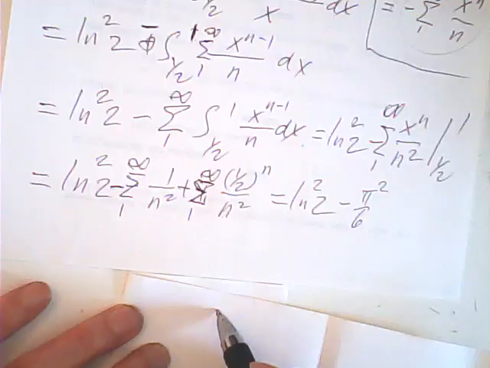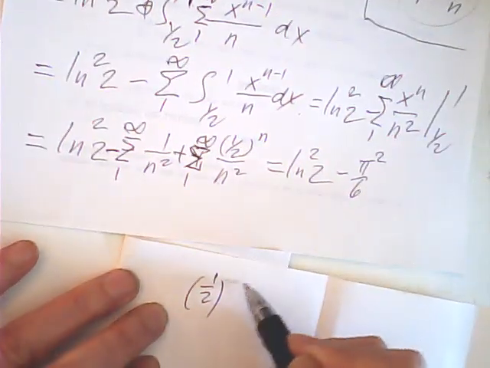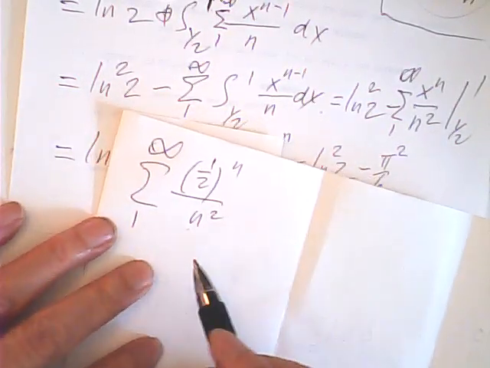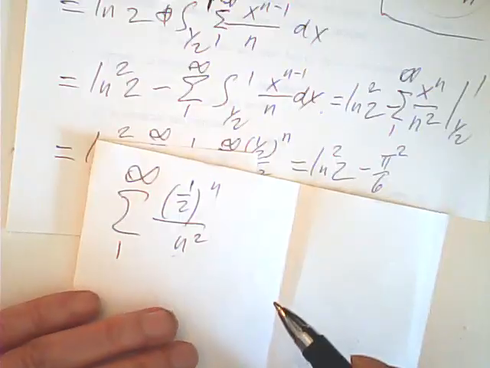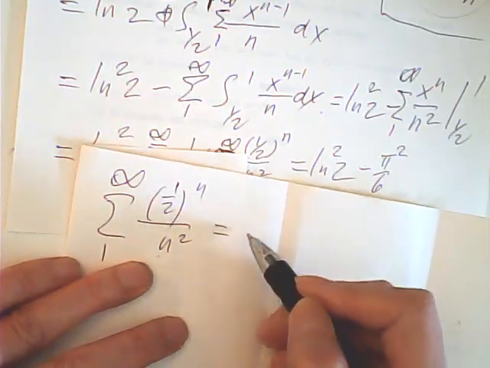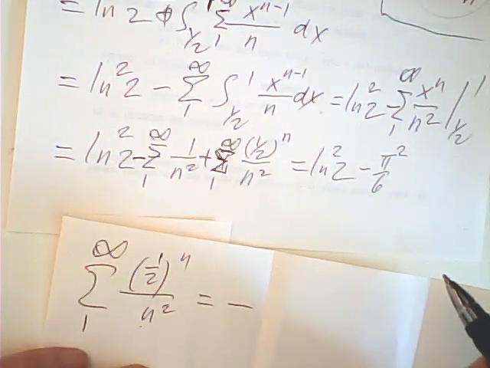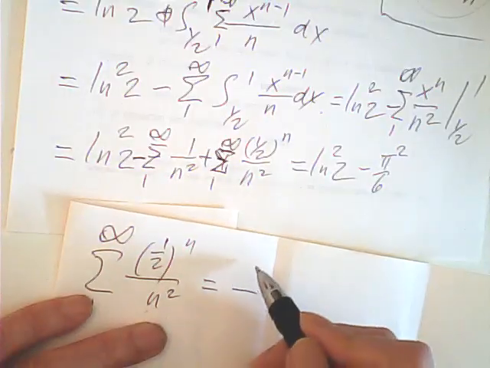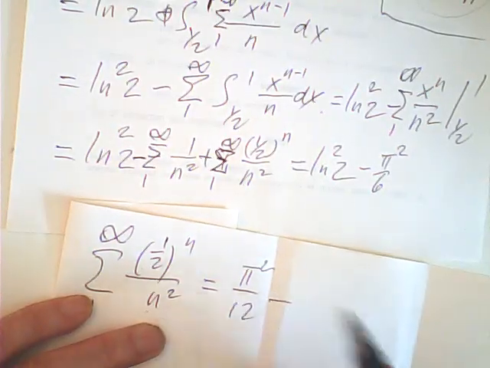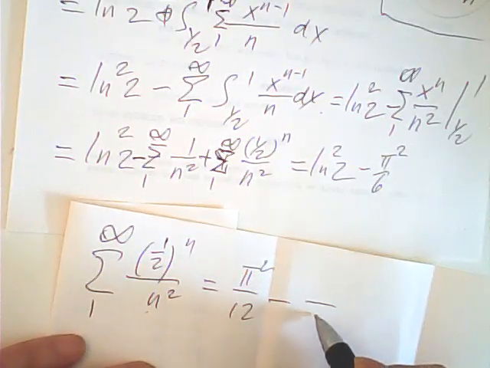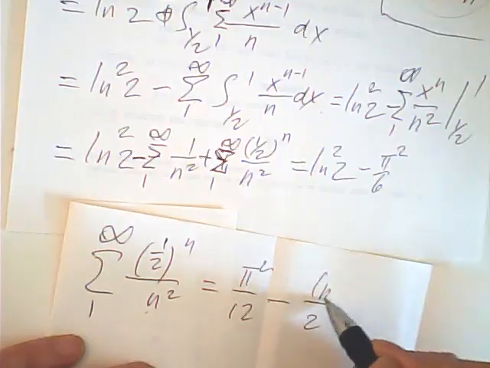This one, okay, is a logarithm function which is equal to pi square over 12 minus half log square 2.